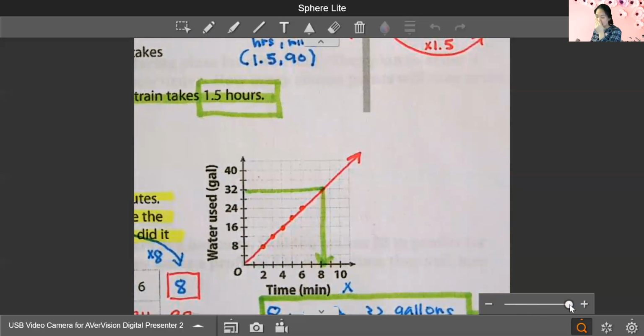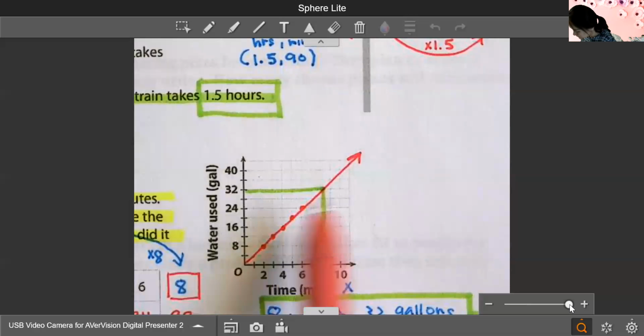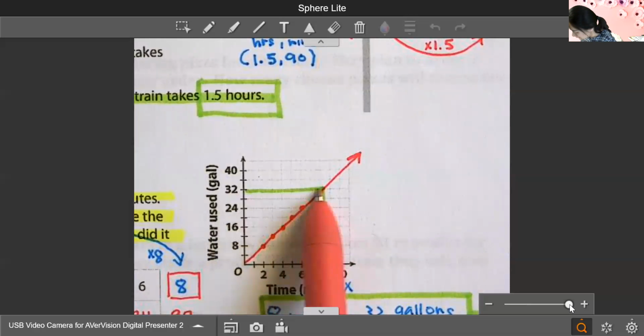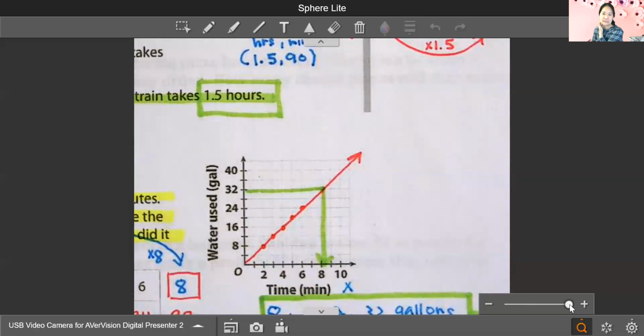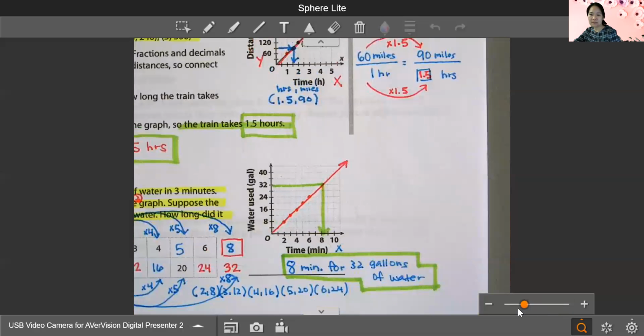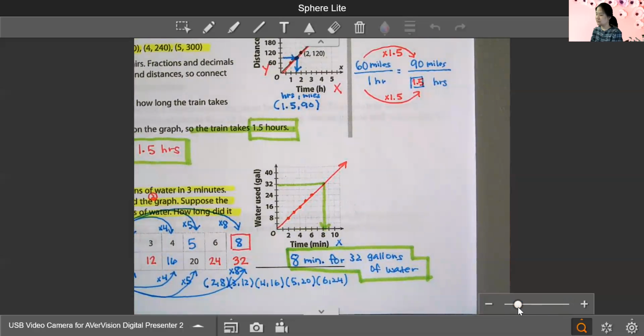But if you take a look here, because I didn't do a perfect job drawing a very straight line, honestly speaking, if you go to 32, the line is actually not exactly at 8 minutes. And that's what I mean by sometimes using the graph to find the answer is not as easy. Because if the person didn't draw a very perfect graph, then you may not be getting the correct answer. All right?